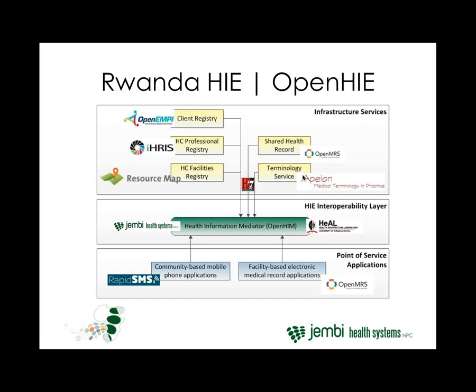So instead of just saying diagnosis TB, the diagnosis would say the ICD-10 code for TB, A17.0.